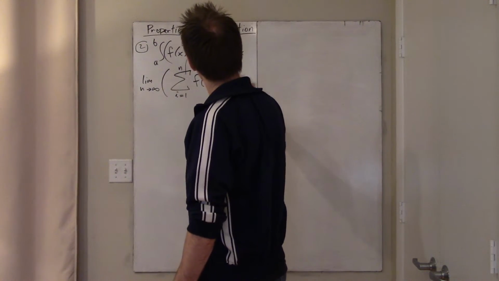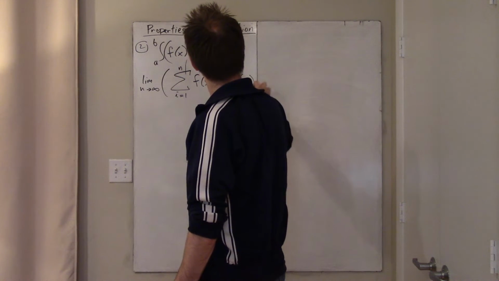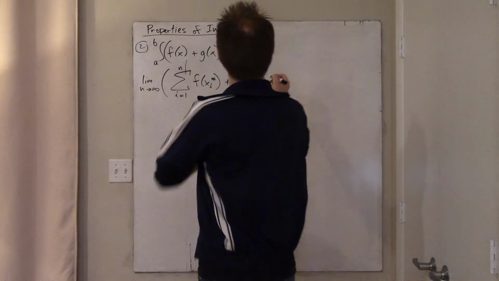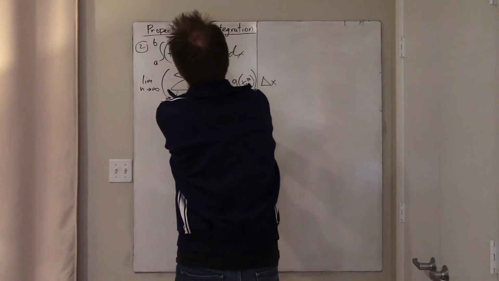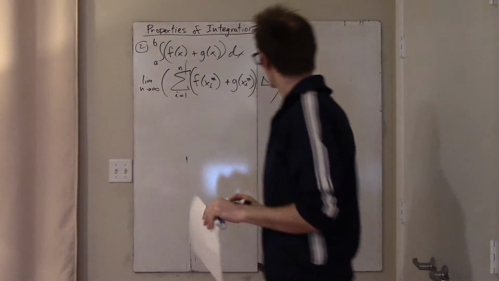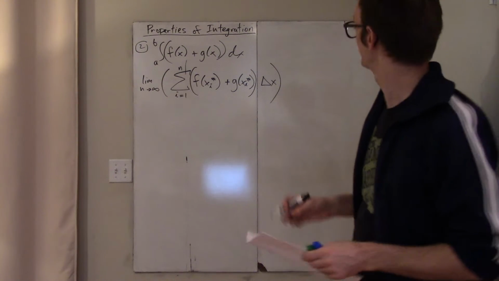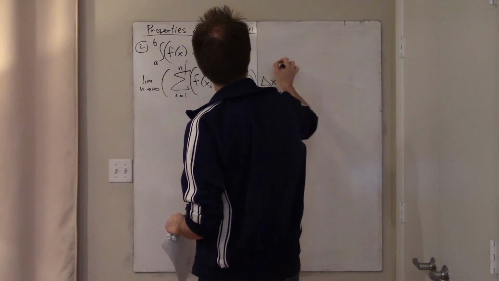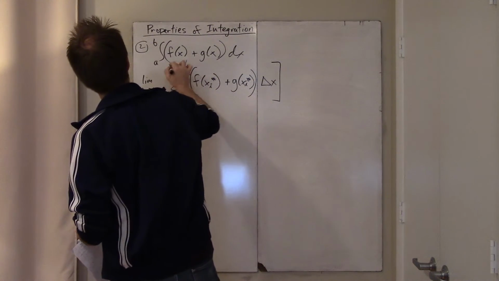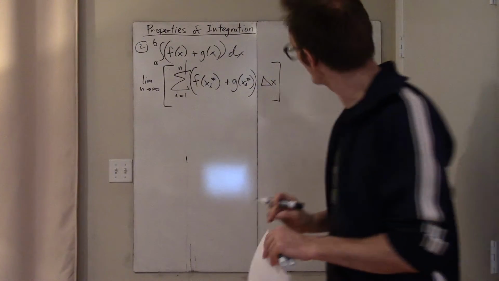So we have f of x sub i star plus g of x sub i star, times delta x. Maybe brackets I use here. Okay, so now what?